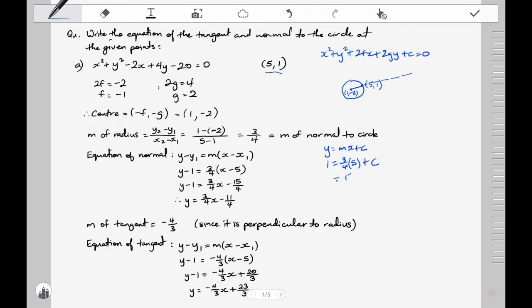So this is 15 over 4 plus c. So c has the value of minus 11 over 4. Therefore this equation is the equation of the normal: y equals 3/4 x minus 11 over 4. As you can see here, we obtain that same answer using this formula here.